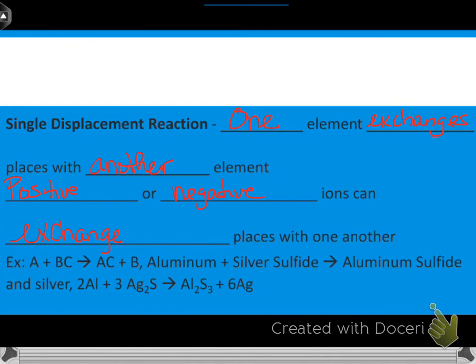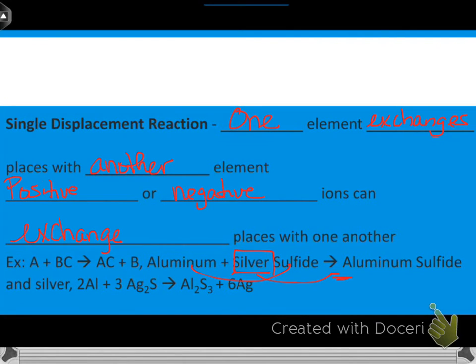Aluminum plus silver sulfide yields aluminum sulfide and silver. So what happened was the silver moved, and these two combined, and it became its own separate compound.